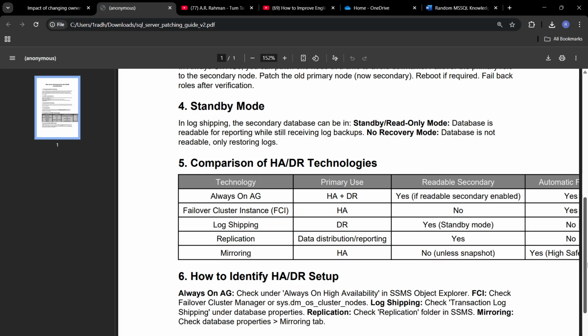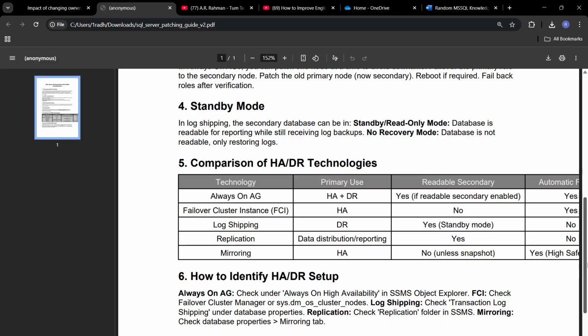Now coming to how to identify these. Suppose you received a project, and you do not have any SOPs, and you do not have any information about the servers.